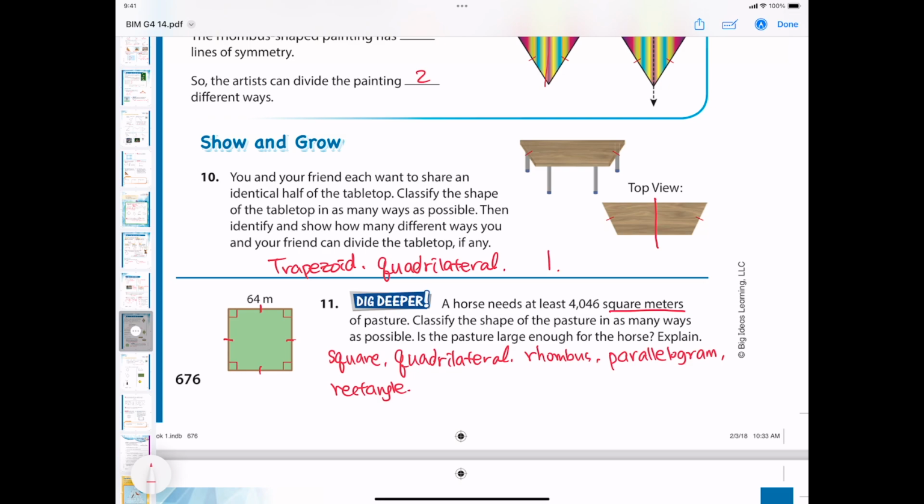All right, now let's find out if 64 times 64 is greater than 4,046 or not. Okay, 64 times 64. 4 times 4 is what? 16. Carry 1 up. 6 times 4, 24. So 25. And then same thing over again, right?